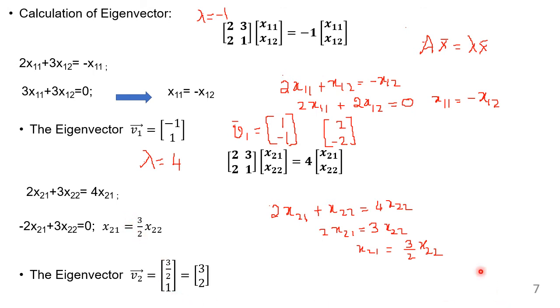So if I choose x22 is equal to 1, then x21 will become 3 by 2. So I have (3 by 2, 1). Multiplying this by 2, I am going to get (3, 2). If I choose x22 as 2, then x21 is equal to 3. So it depends upon what value you choose for x22, then derive x21. And V1, V2 are the two eigenvectors.